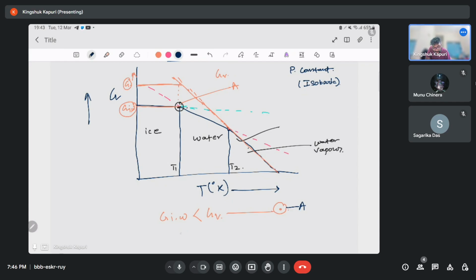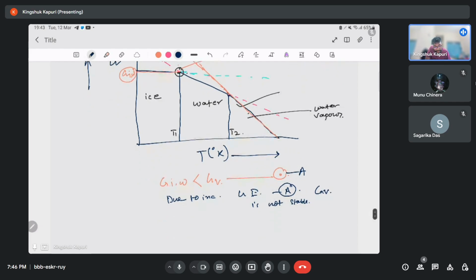It means due to the increase in Gibbs free energy at that particular point A, G of V is not stable. It means at that point A, G of V, water vapor, cannot exist. But G of W and G of I can exist.